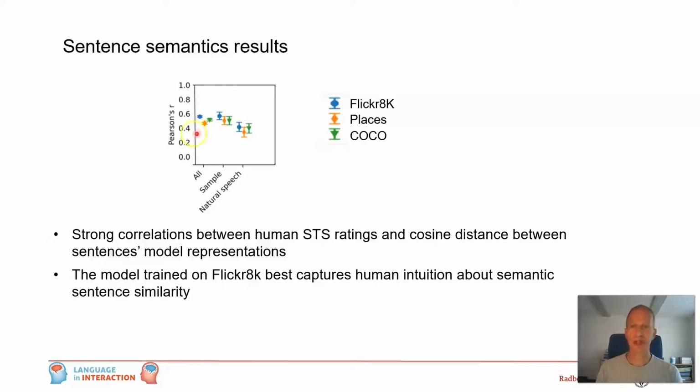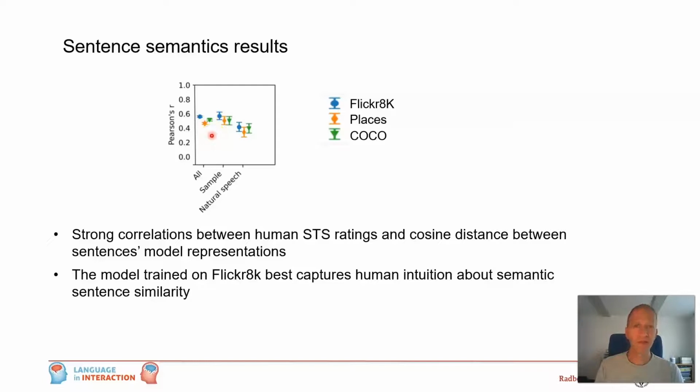This here is for the entire data set. If we just look at the 5% of sentences that we had recorded by human speakers, the correlation is a bit lower. So apparently the model has more difficulty with natural speech than with synthesized speech, which is interesting because it was actually trained on natural speech. If you take the same 5% sample and look at the synthesized speech for these, then it does just as well as overall. So the sample was really a proper random sample.